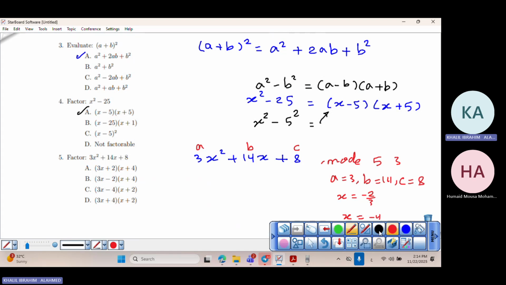How to write it as factors? This is 3 times x, move to the other side, equals 3x plus 2, and the other, move to the other side, change the sign, x plus 4. The answer is 3x plus 2 times x plus 4. Which one is right? Also A.